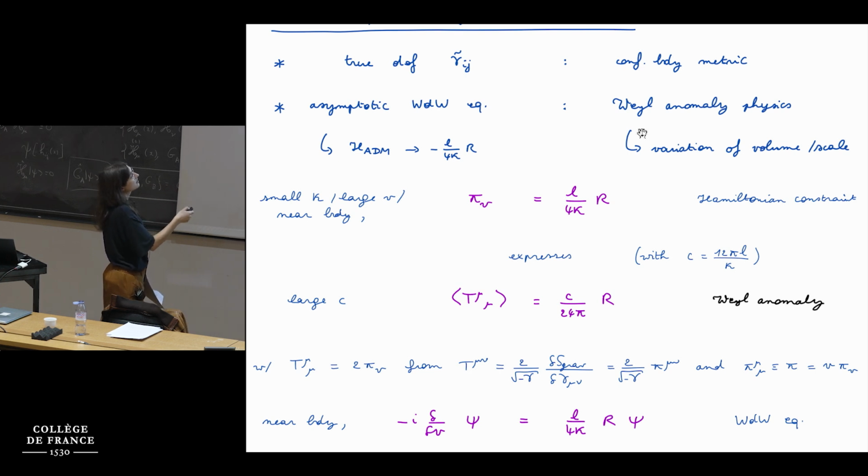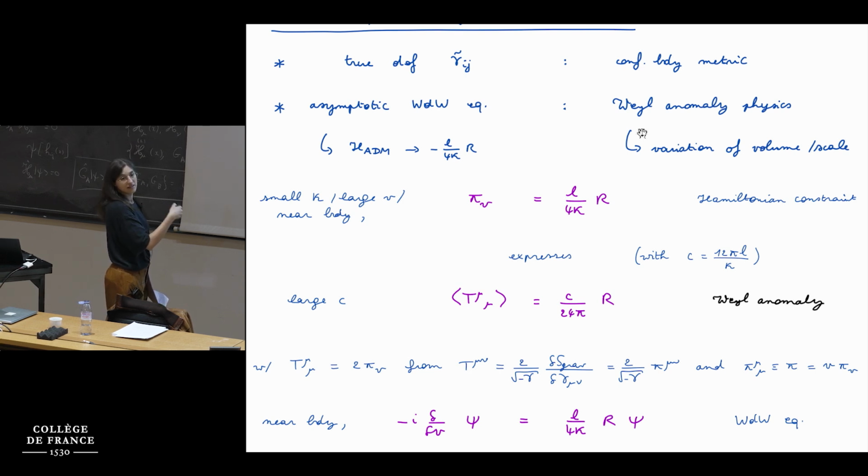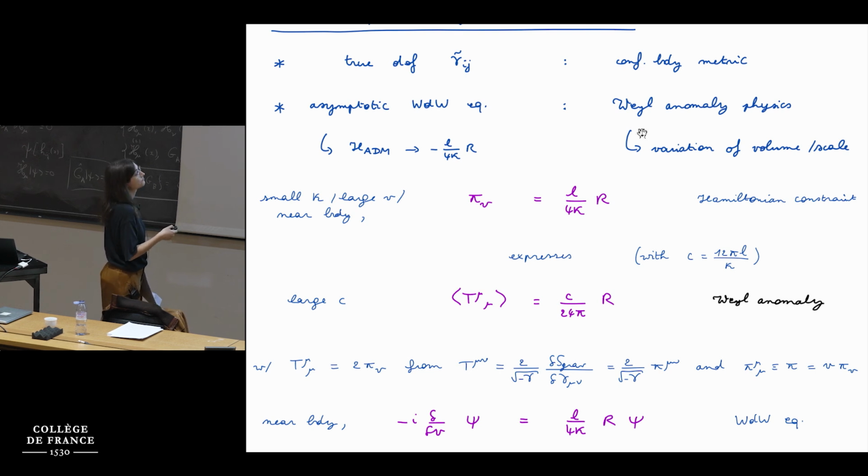And this directly expresses the Weyl anomaly of the holographic or large c CFT, because your York time is directly dual to the trace of the CFT stress tensor, and the Weyl anomaly is just this statement about the trace of the stress tensor. Okay, so what I'm using here is the Brown-Henneaux central charge that gives you the standard relation between dual theory parameters. And the other thing I used was just the definition of the Brown-York stress tensor.